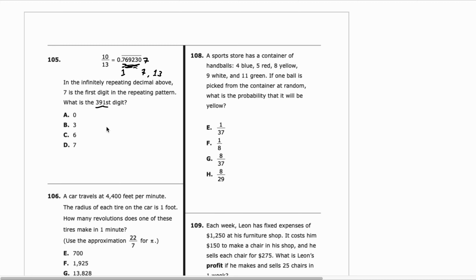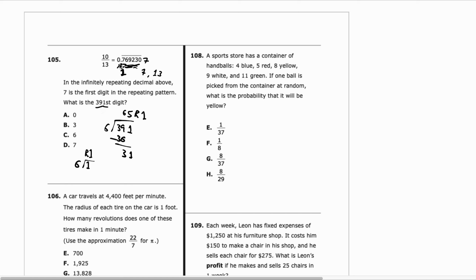Let's look at 391 divided by 6 and look at the remainder. So this would be 6, 36, 31. It's going to be 65 with a remainder of 1, right? So if we look at this first position, 1 divided by 6, this is going to be a remainder of 1.